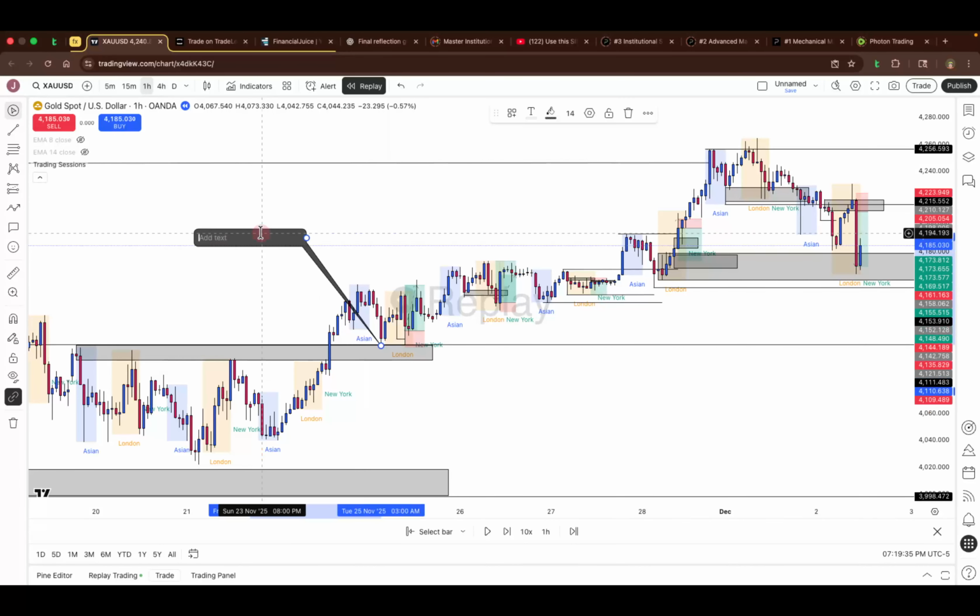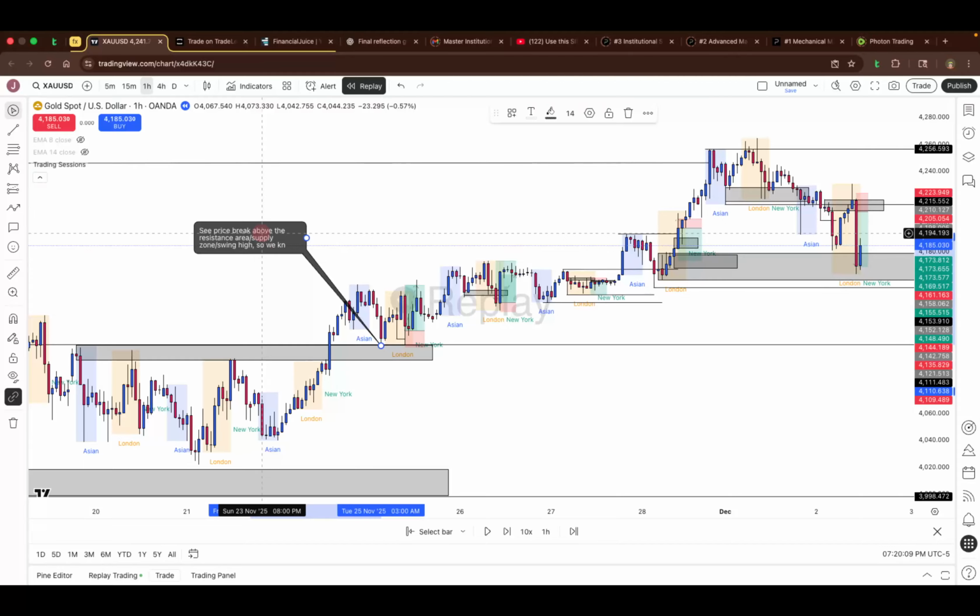I forgot. See price break above the supply or really resistance area, supply zones slash swing high.